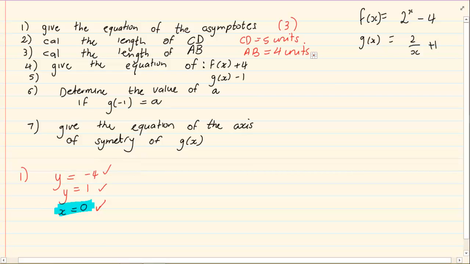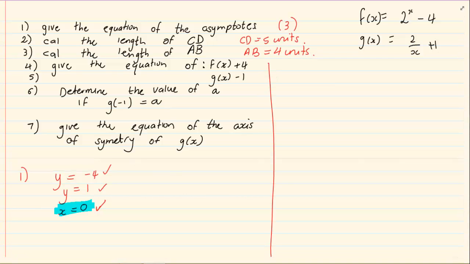Now look at what they are doing in the next equation. They are saying give the equation of f of x plus 4. Now what they're doing is they're taking the original f of x. Our original f of x is equal to 2 to the power of x minus 4. Then, to this f of x, they are adding 4.